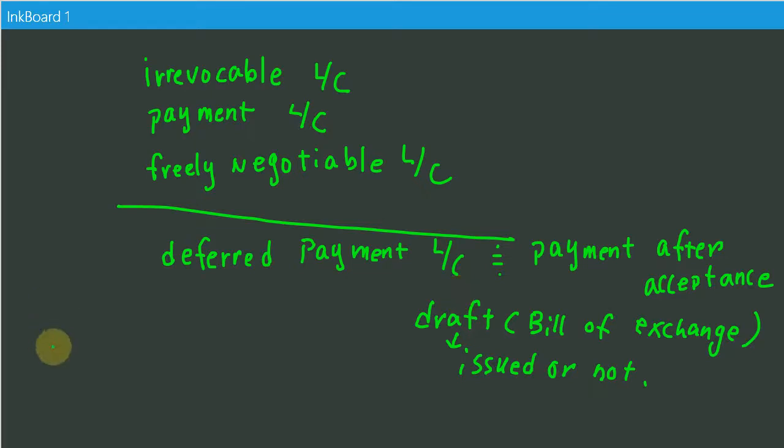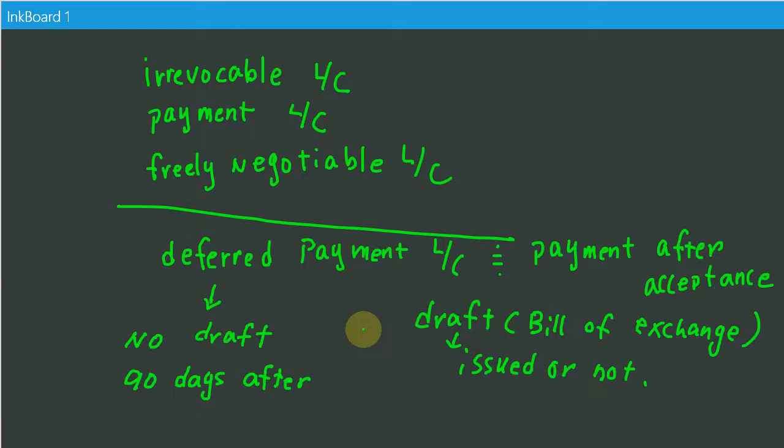Then once we see deferred payment, we have no draft, as I told you just now. We have no draft, but we state a term like 60 days or 90 days after presenting documents.